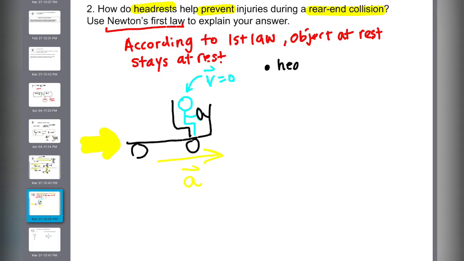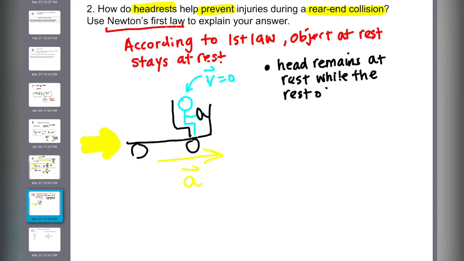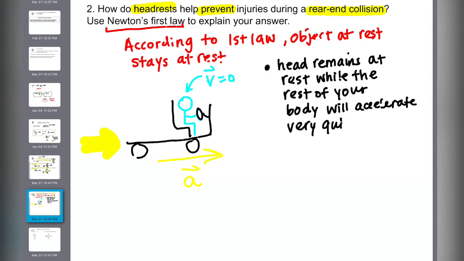So your head wants to remain at rest while the rest of your body will accelerate very quickly with the car.